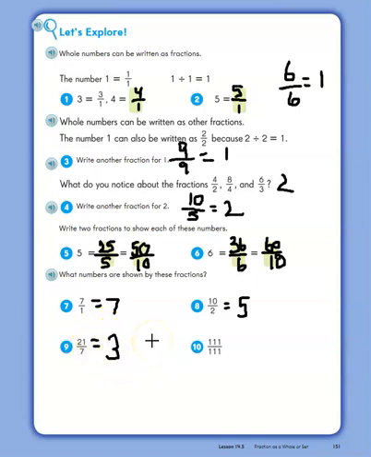Remember our 7 song, guys? 7, 14, 21. You can keep singing if you want. Show it off for mom and dad. Okay, number 10. 111 divided by 111 is, of course, 1.